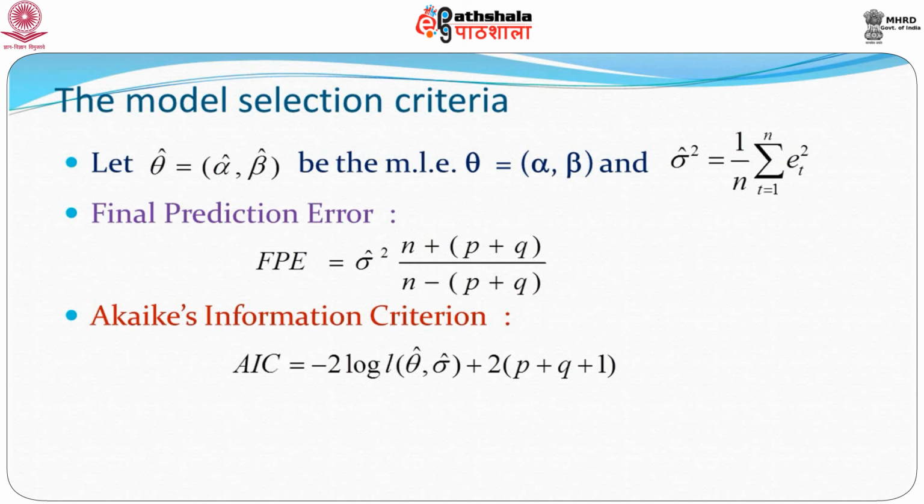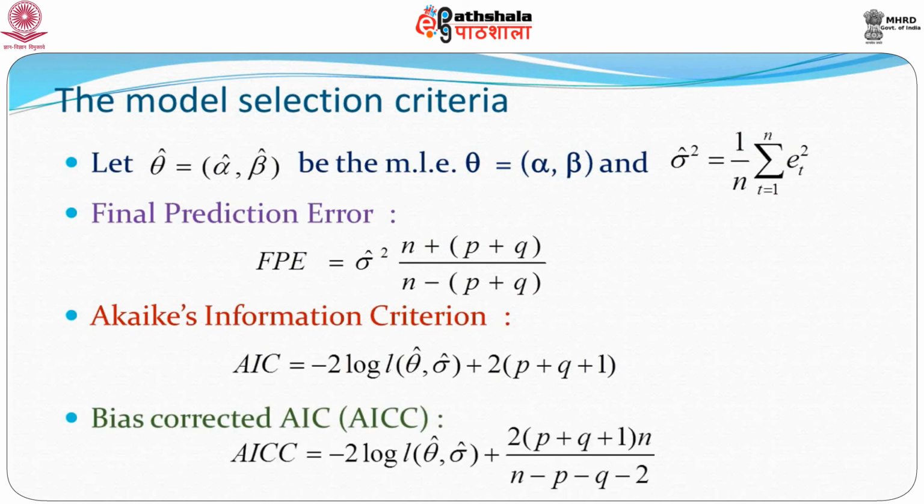A criteria which accounts for some bias that the AIC has, we will not go into the mathematics of it, is the AICC. This is a bias corrected AIC, and you can see it is similar to the AIC, except that the second term is somewhat different. It involves n, and this can also be used as a model selection criteria.